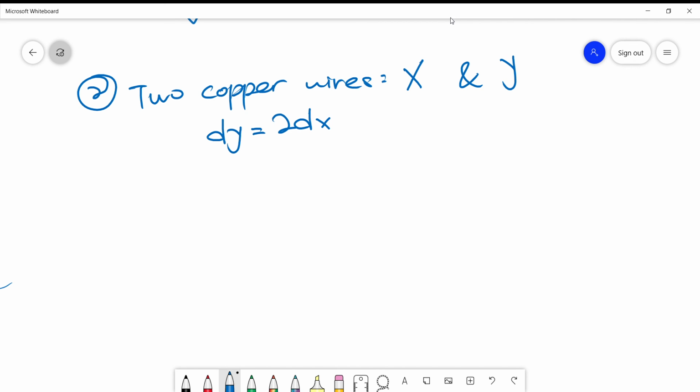The question is, what is the ratio of the drift velocity of X to the drift velocity of Y?